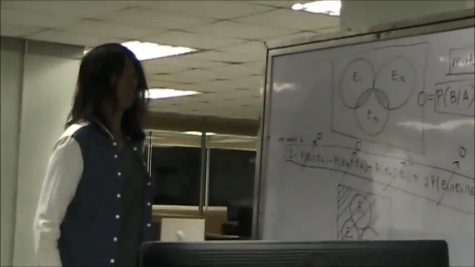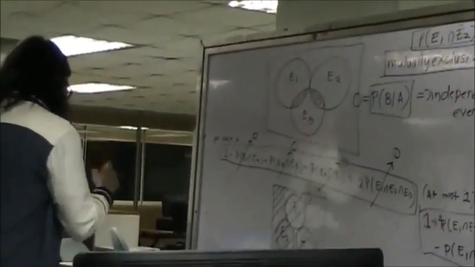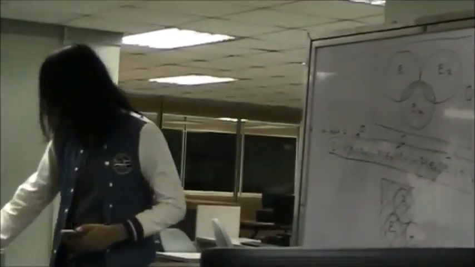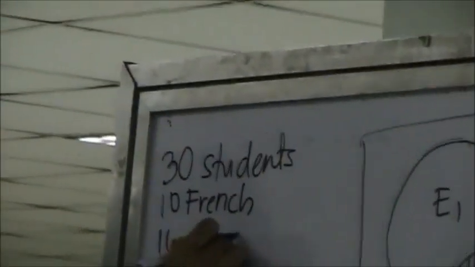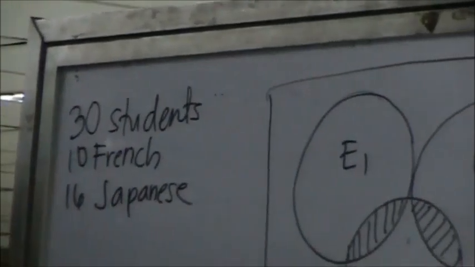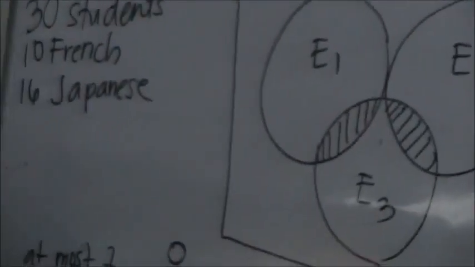Okay, so I'll write down the problem that we will do. So just go back to your old Venn diagram that you did a while ago. But there's just an additional question I want to ask.